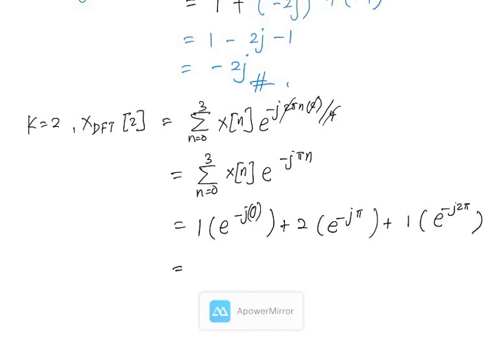Alright, so when I simplify, this one is 1, so I get 1 plus 2 exponent minus j pi plus exponent minus j 2 pi.